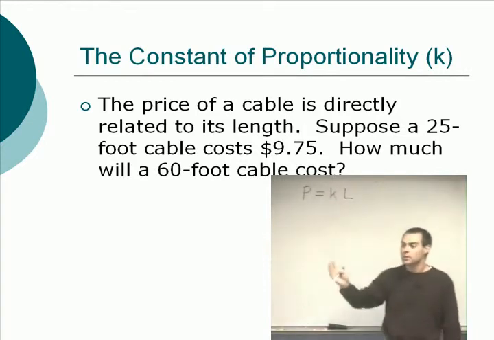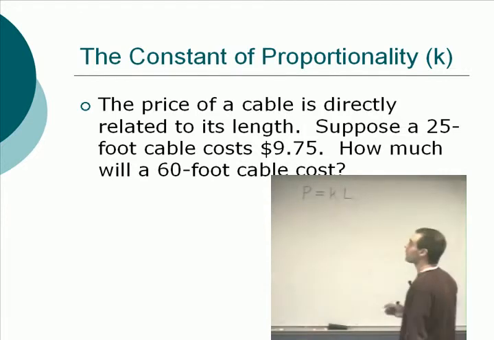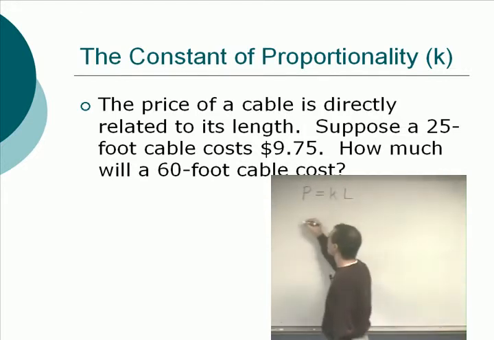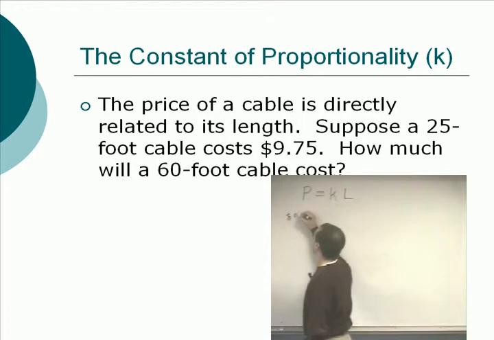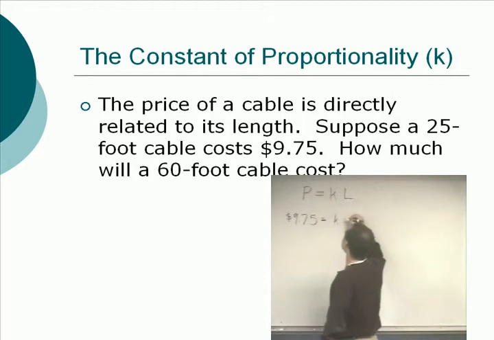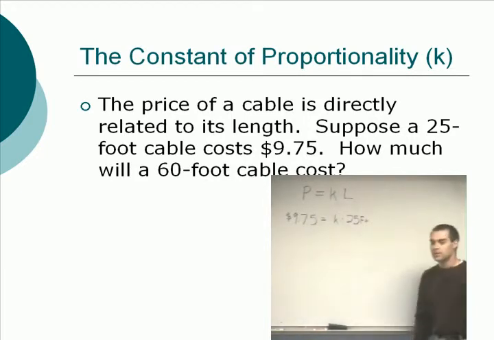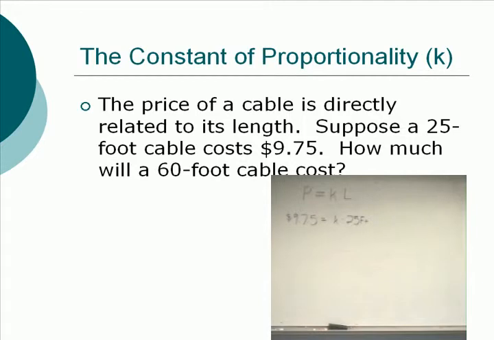Now, all we do is we take one case that we know, we plug it in to figure out what the value of K is that ties these two together. So, for example, we know that the 25-foot cable costs $9.75. So we say $9.75 equals K times 25 feet. Now, you want to solve this for K. You want to find out what the K value is, the number that ties these two things together.